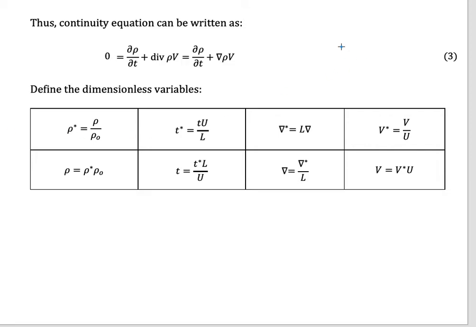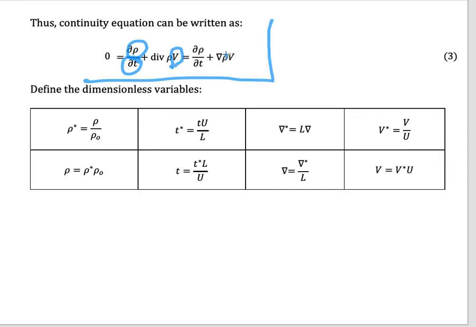Okay, so let's say the continuity equation is given like this. We try to do the dimensionless calculation to find what kind of dimensionless parameter we could get from it.